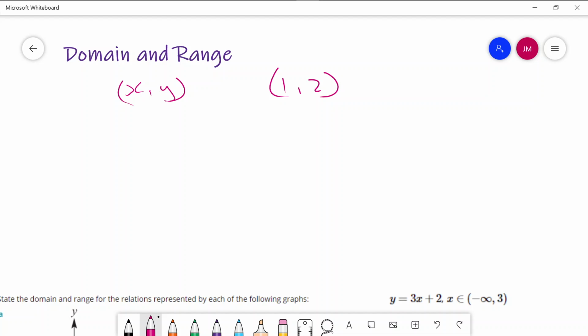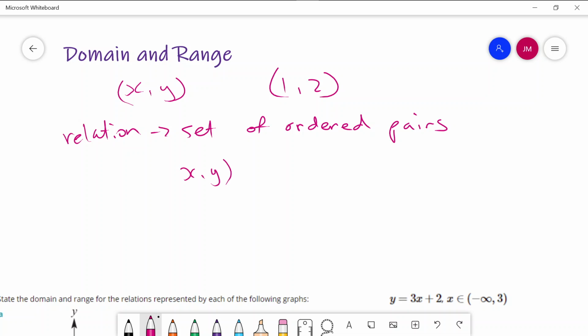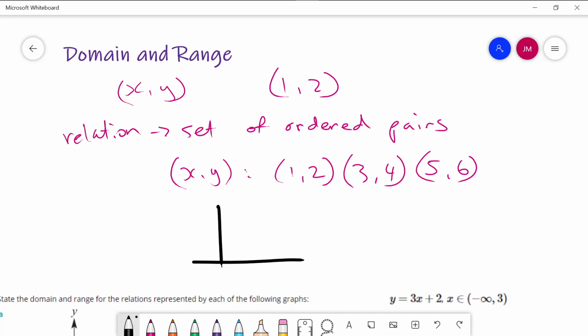When we talk about a relation, it is a set of ordered pairs. So it could be, for example, {(x, y)} such that you've got (1, 2), (3, 4), (5, 6). When you're sketching these out, you just have a set of little dots.